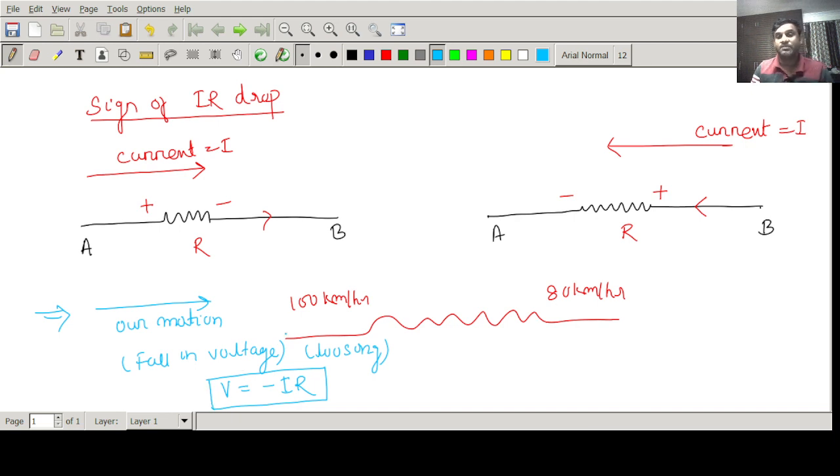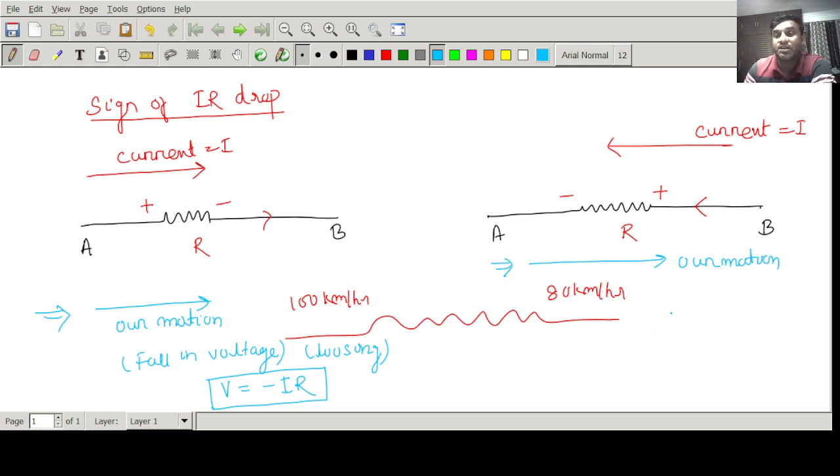Okay, same thing I can do for the second resistor. If my motion is in the same direction from A to B, here you can see that first negative will come, then positive will come. So first I will see the negative sign, then I will get the positive sign.